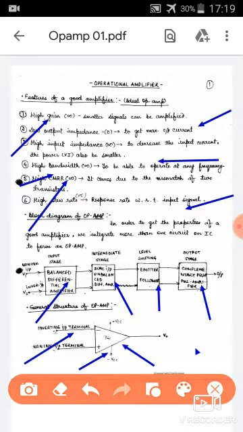Here the number is 741, because it is an IC, hence it is numbered 741. V0 is the output voltage, and the supply voltage is plus VCC and minus VCC. It is all about the general structure of op-amp.